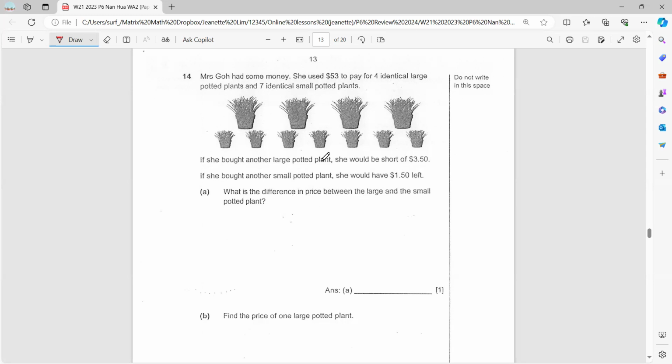First, she already used $53. Then she had some money left, and they were saying that if she buys a large one, she would be short of how much? If she buys a small one, she would have 150 left. Okay, so first, let's draw. This is to represent what she has at first.